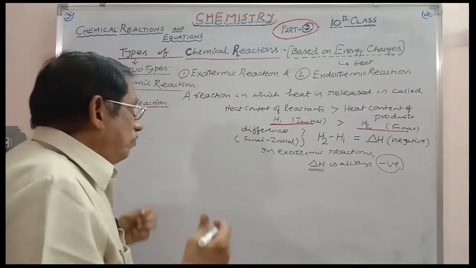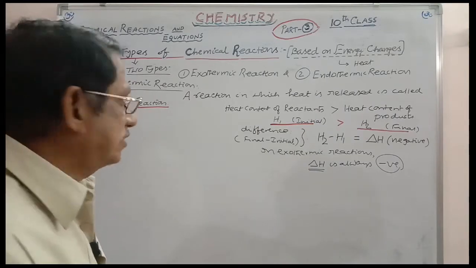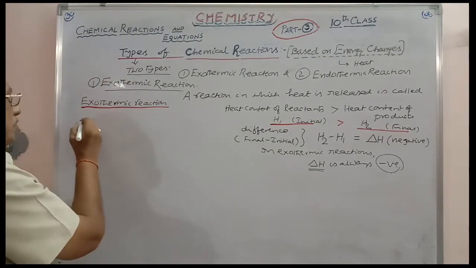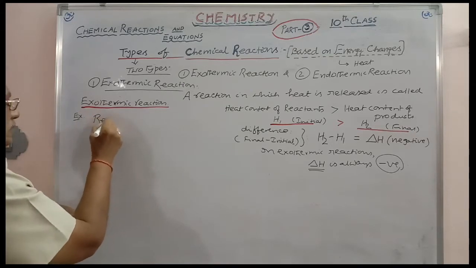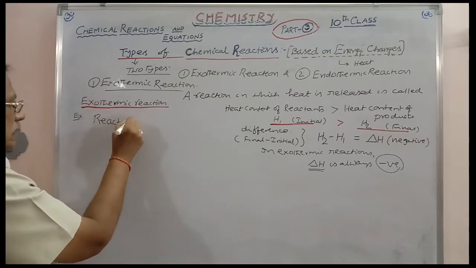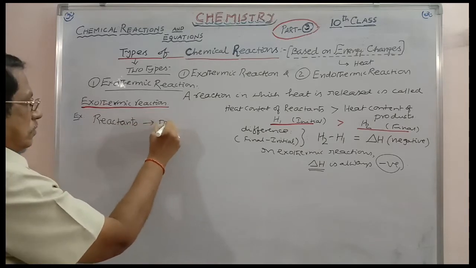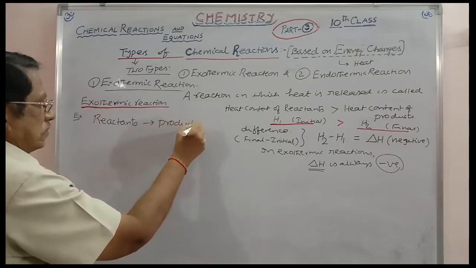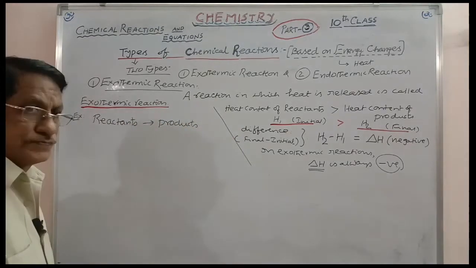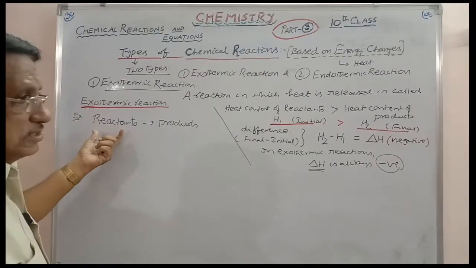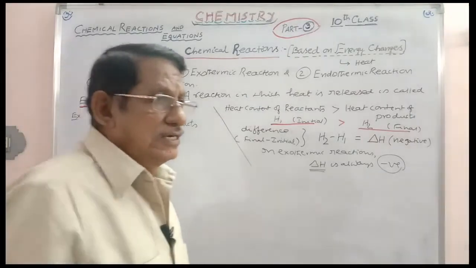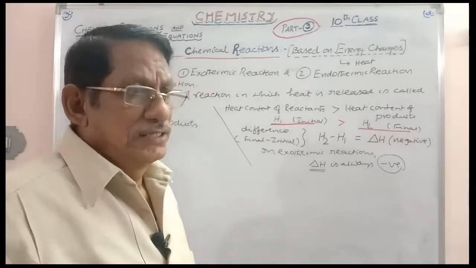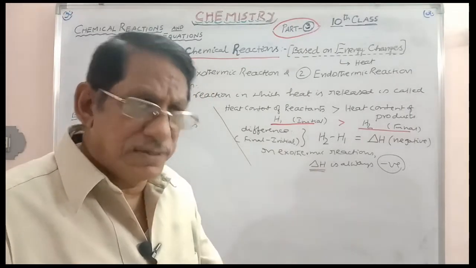And so here, if you want to write the reaction, in what way? First, let us consider the examples here. Reactants converted into products. Whatever excess amount of heat is associated with reactants, after their conversion to products, that excess amount of heat should be liberated.